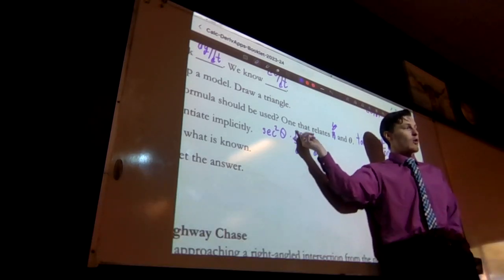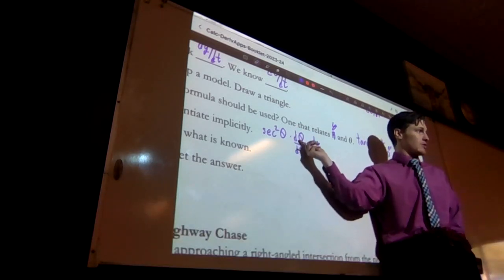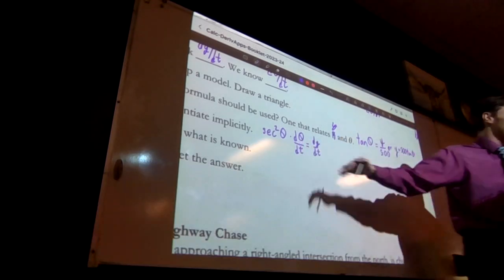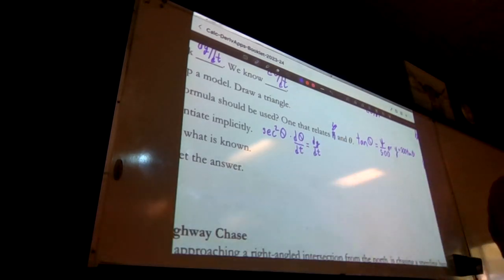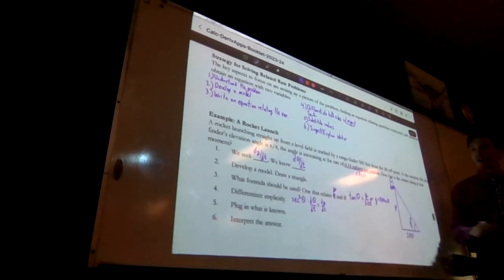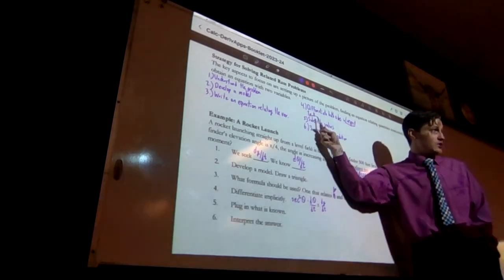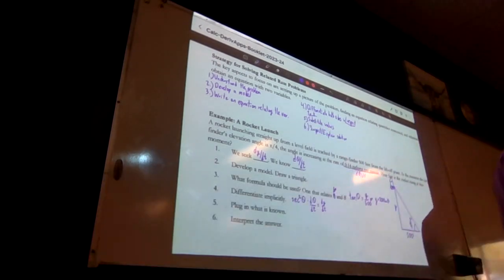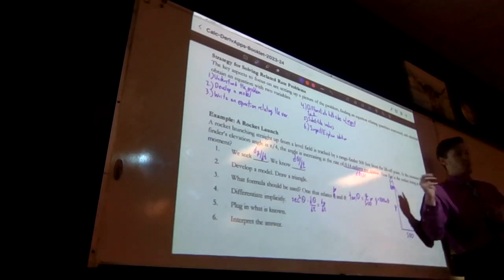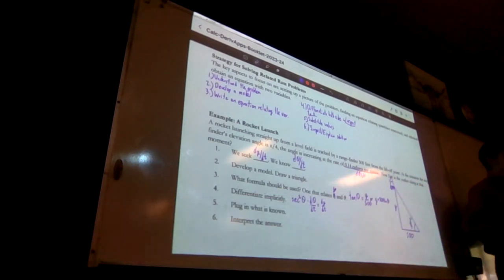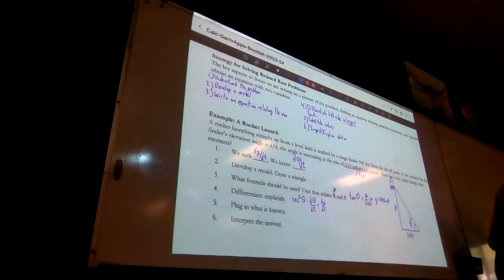So theta will go up by a certain amount, and therefore t will go up by a certain amount. We add it in by stating that we are differentiating with respect to t. We usually differentiate with respect to x, because what ends up at the bottom of almost all of our equations? dy over dx. Now we're doing it with t, which means we need to add in that dt. Okay?